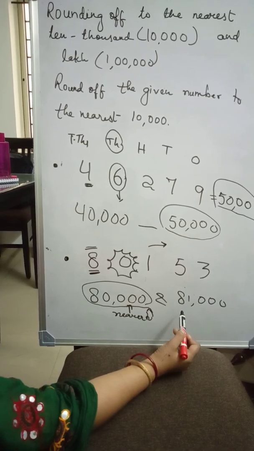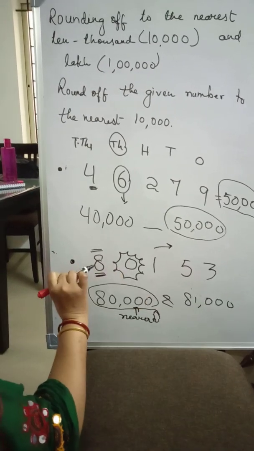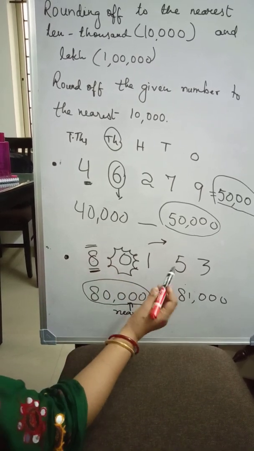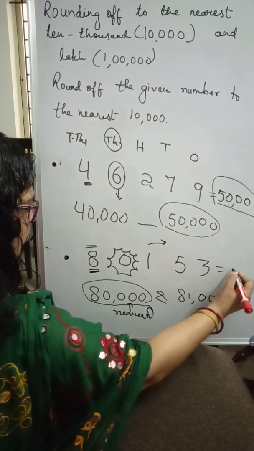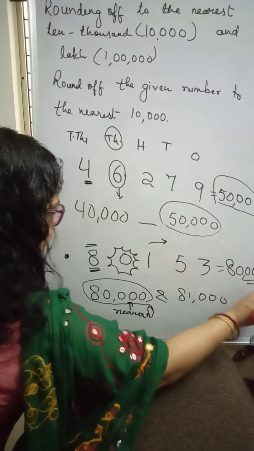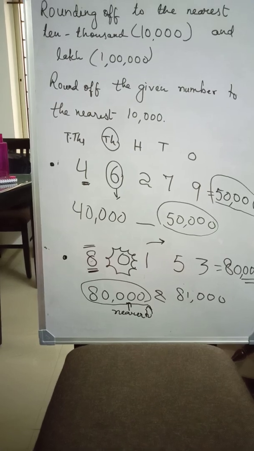Correct? So what is the answer? 80,000 is the answer.